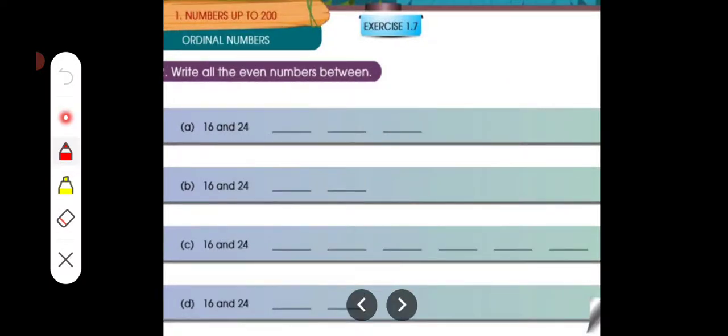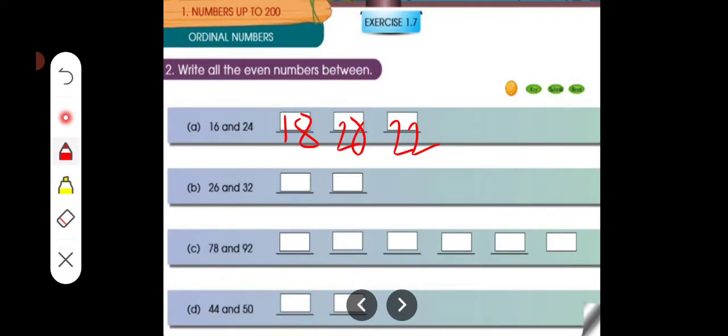Now, you should write this one. Okay, children? This is homework for you. It is very easy, no? I will show another one. Next, you should try at home. Here, what number is given? 26. So what do you have to write here? 27, 28.